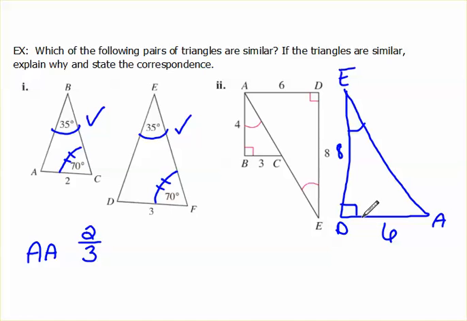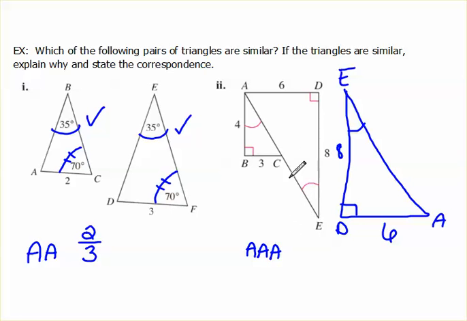So again, we could look at this several different ways. We could say this is angle, angle, angle, or we could also look at it as side, angle, side, because these sides are in proportion to one another.